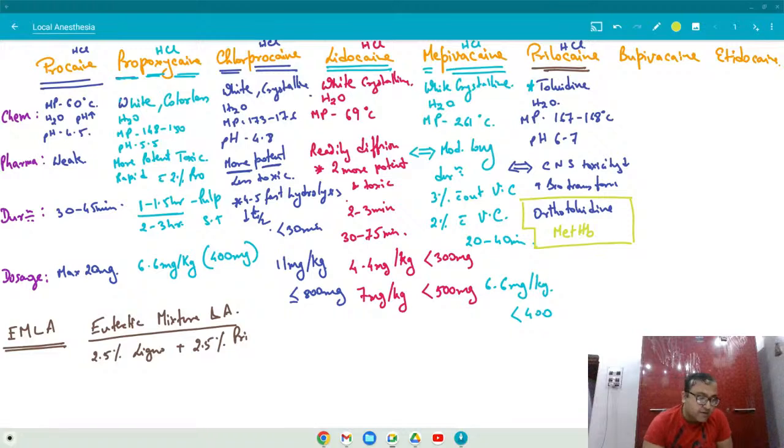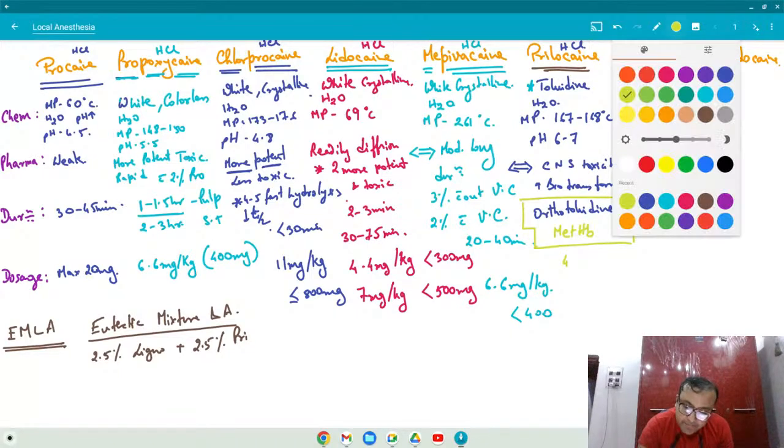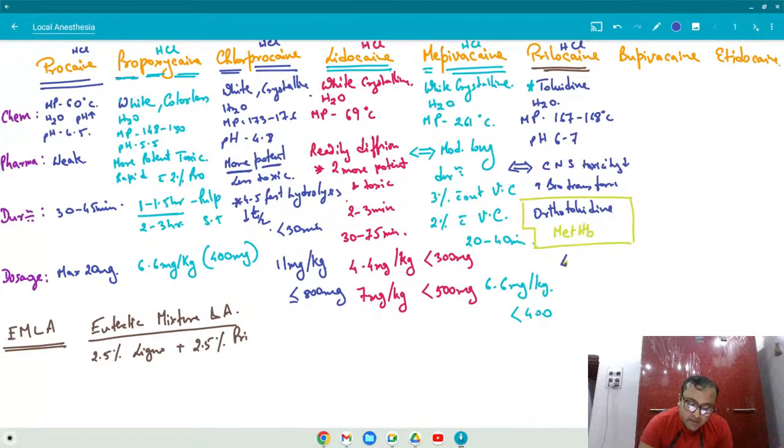Okay, so as far as prilocaine is concerned, remember that it is available as a 4% solution. So we are not using it in a methemoglobinemia patient.